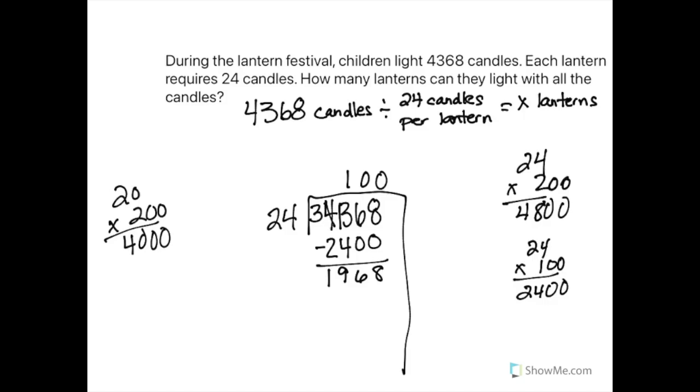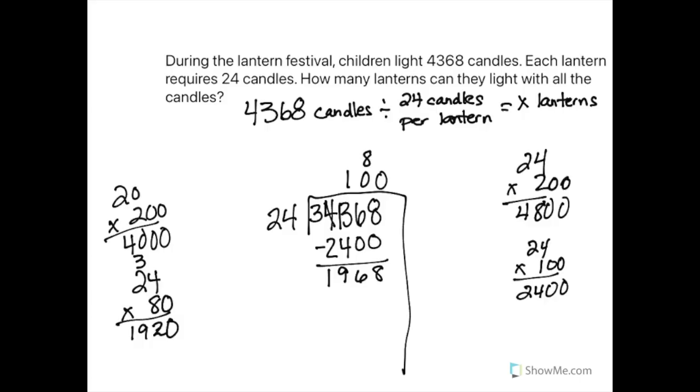I'm going to try 8 and see what that gets me. 24 times 8 is 32. Carry the 3. 8 times 2 is 16, plus 3 is 17, 18, 19. And if I add a 0 here, that gets me 1,920. That's pretty close.